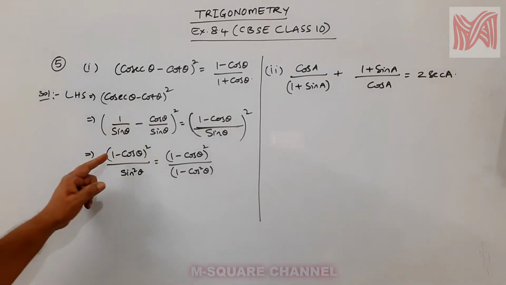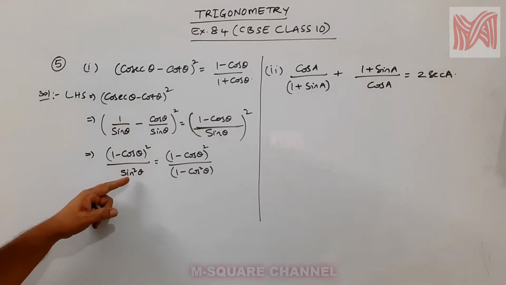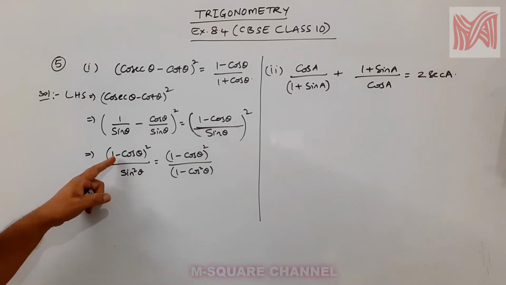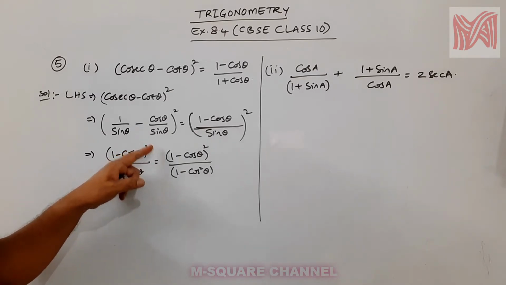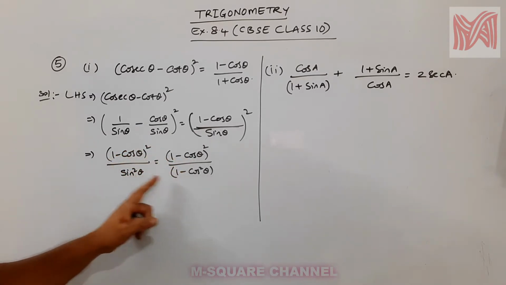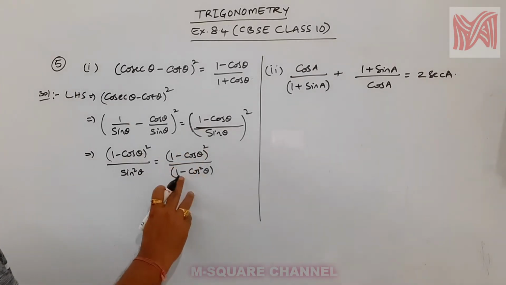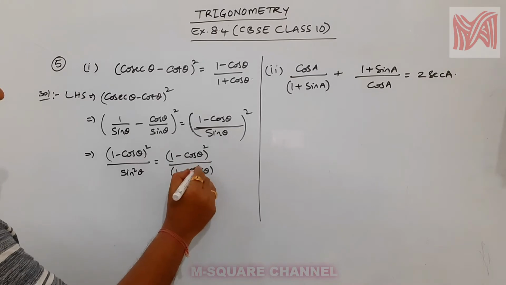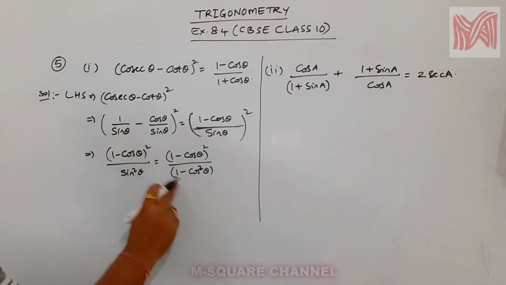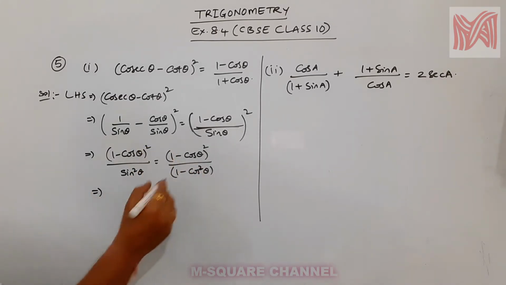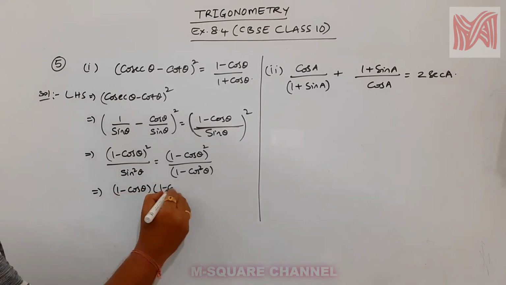Please remember this one. This is the whole square part. This is not the whole square part. 1 minus cos theta whole square, and sin square means 1 minus cos square theta. This is (a minus b) whole square. This is the a square minus b square form. These two are different. So 1 minus cos theta into 1 minus cos theta.